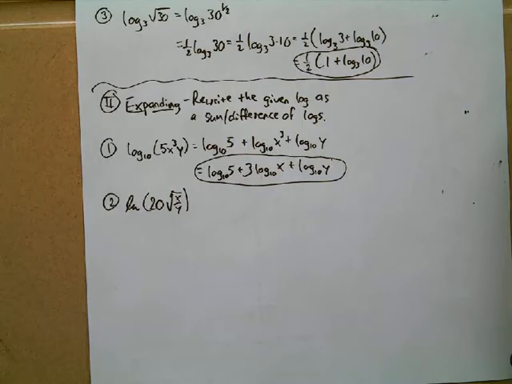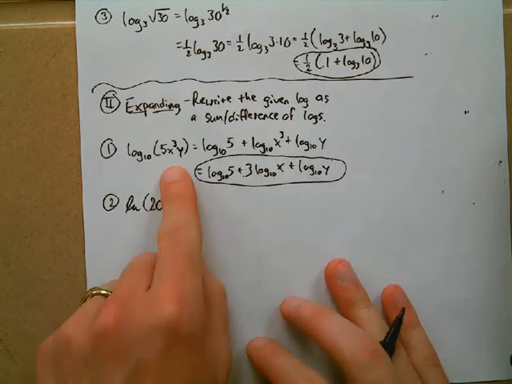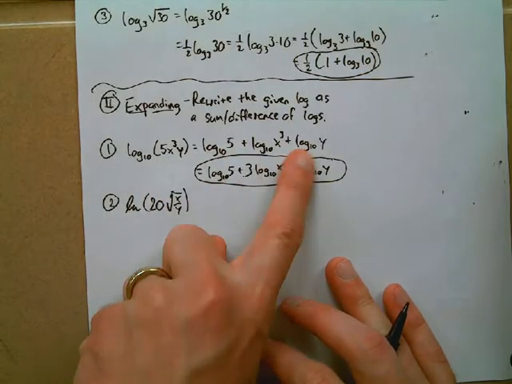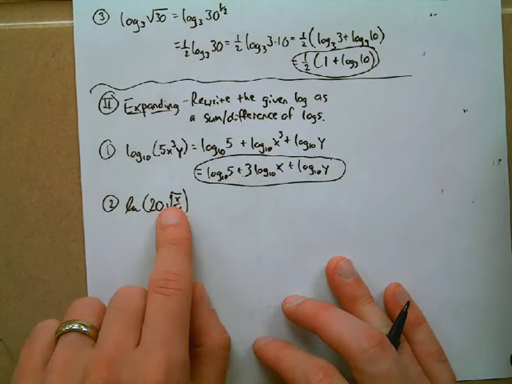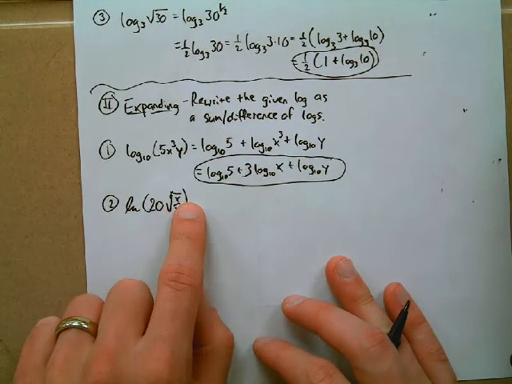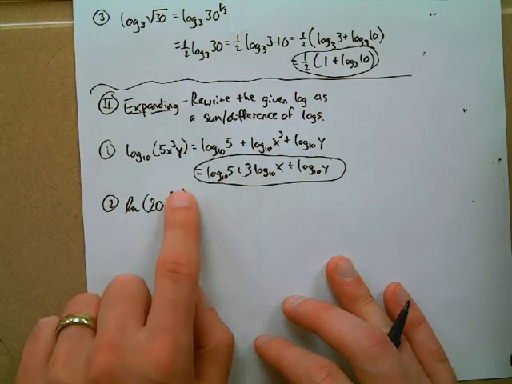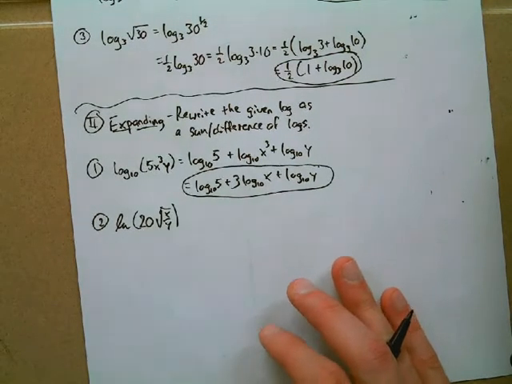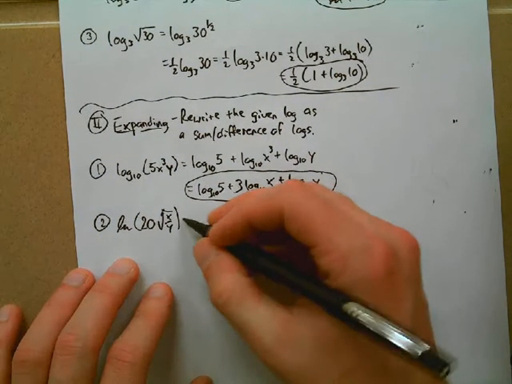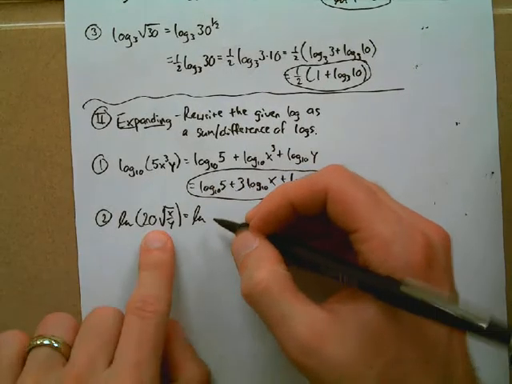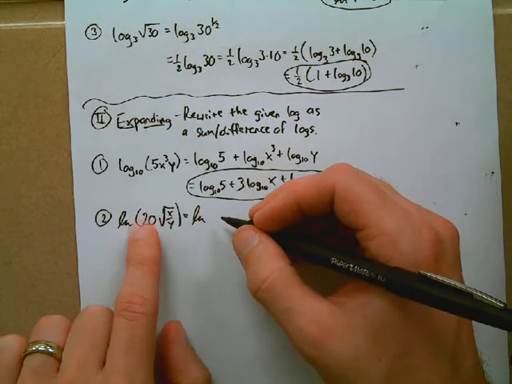But here I see some multiplication and I see some division, but the division is kind of inside a square root, so we're going to have to handle these things a piece at a time in this case. So we're going to start off with taking care of the multiplication between 20 and the square root here. And so that will result in natural log of 20 plus the natural log of the square root of x over y.